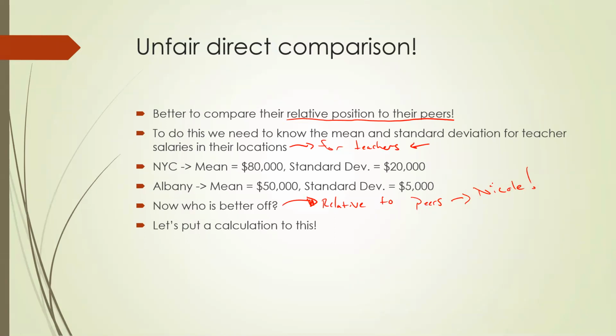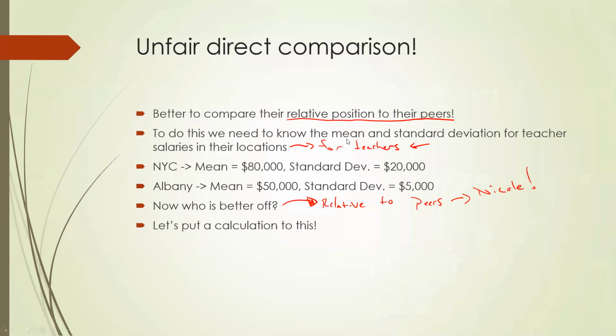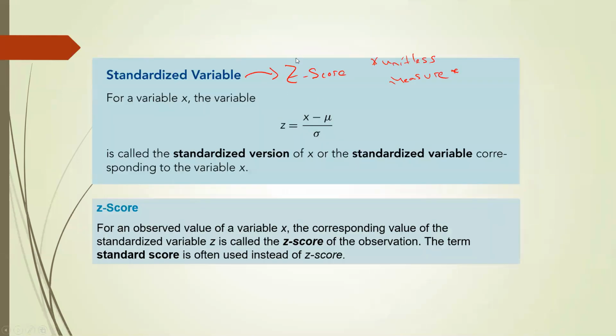So now, instead of just eyeballing that, let's put a calculation, a formula, to this so you can see it in action. This is what's called the standardized variable, or a z-score. This is a unitless measure. Even though we're talking about incomes, dollars per year, when we calculate this standardized variable, it is unitless.